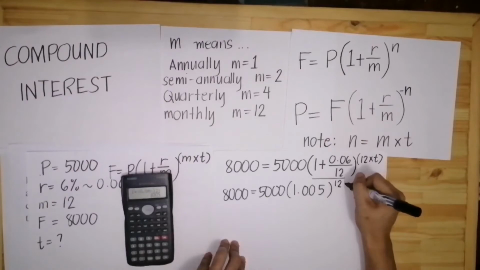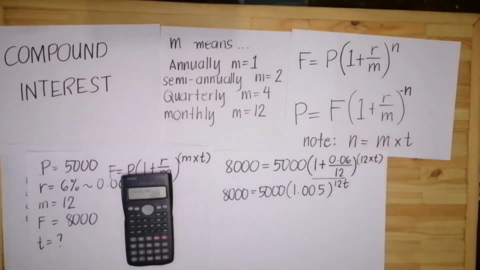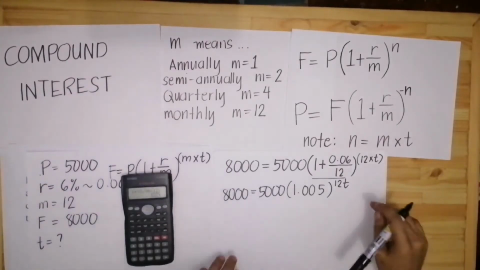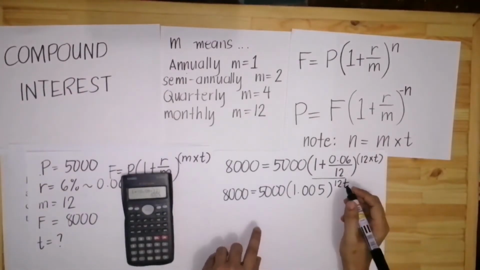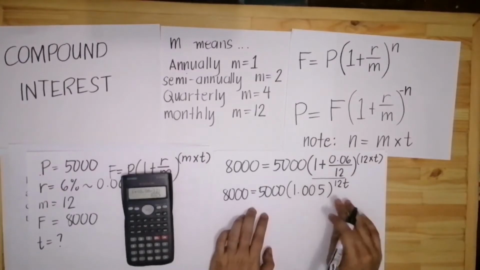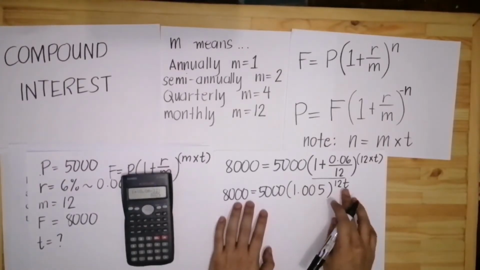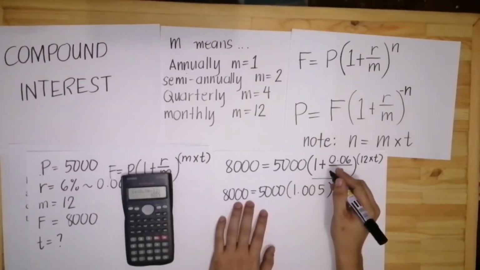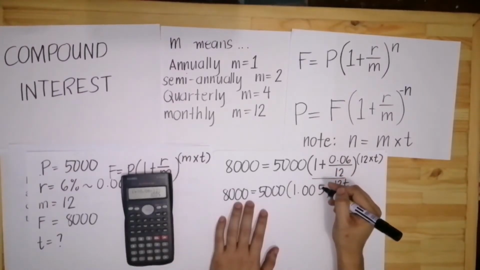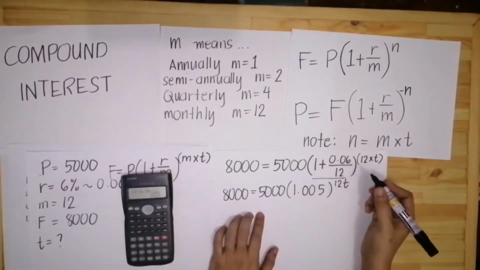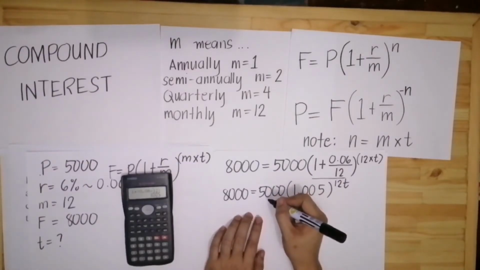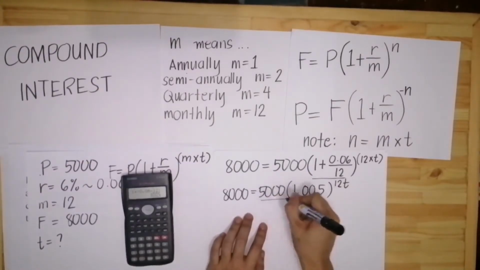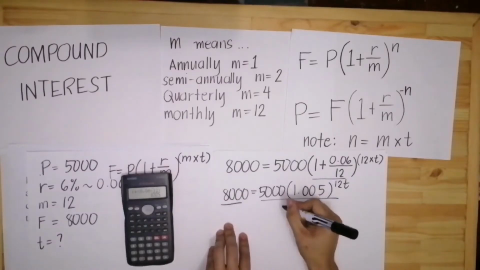Pwede mo ilagay na 12t na lang. Kapag na-simplify itong nasa loob, ang sunod nyo lang na gagawin ay i-divide both sides nila muna by 5,000. Okay? Divide both sides by 5,000.